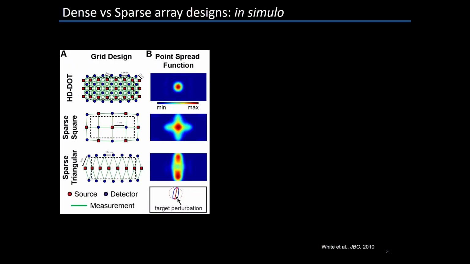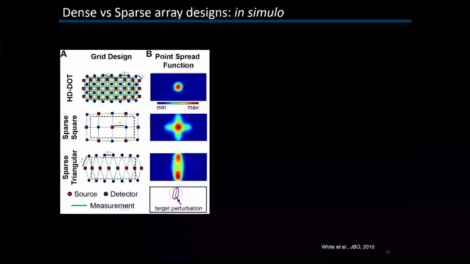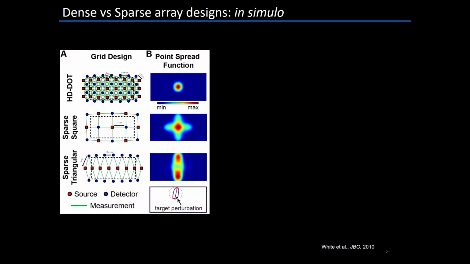Just to really belabor the point for a second, you can run simulations. All of this can be done in the NeuroDOT toolbox for those of you that are into running simulations on different data sets. You can simulate different grid designs, a high-density grid, a square grid, or a triangular grid, as are very often used in the field. And so what we're looking at with the point spread function is you can imagine having a perturbation somewhere in the volume.